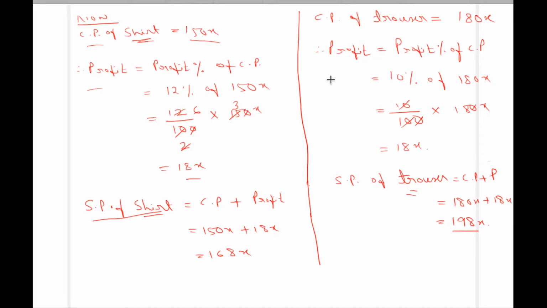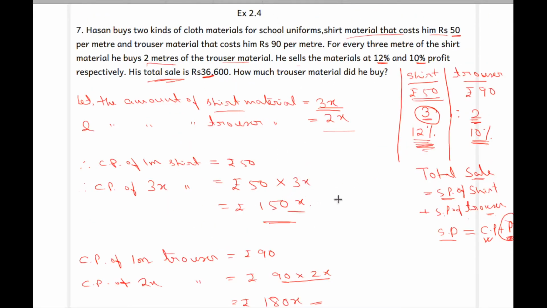Okay. Now our last row is given that the total sale is rupees 36,600. So therefore total sale equals rupees 36,600. Now total sale means what?